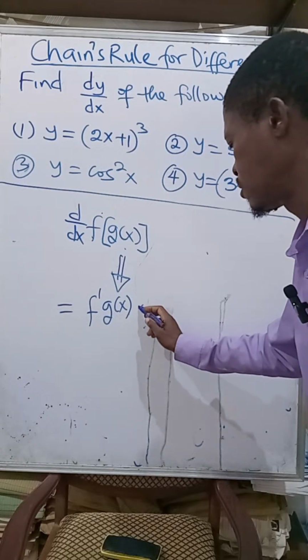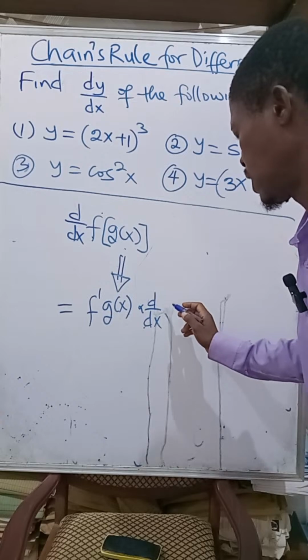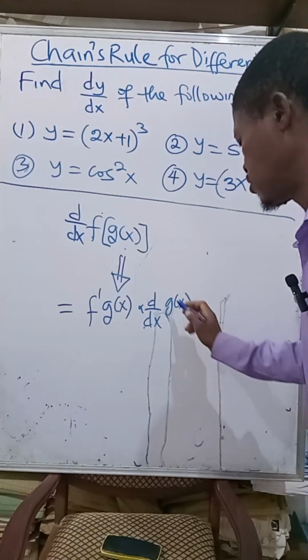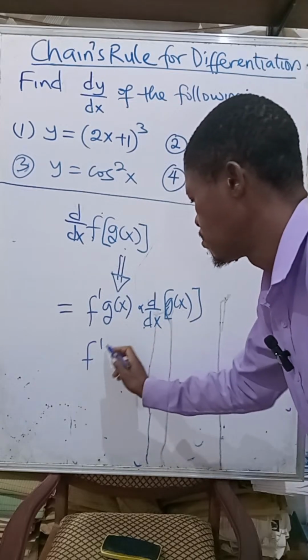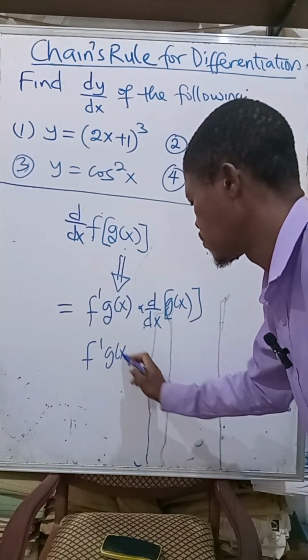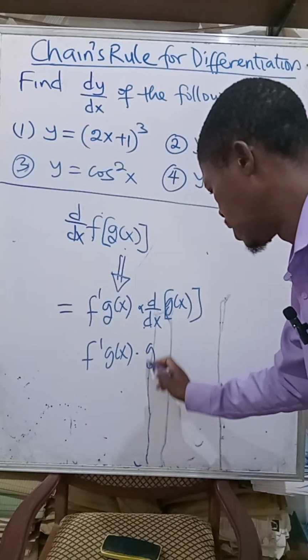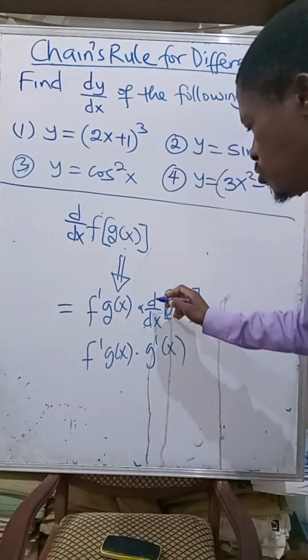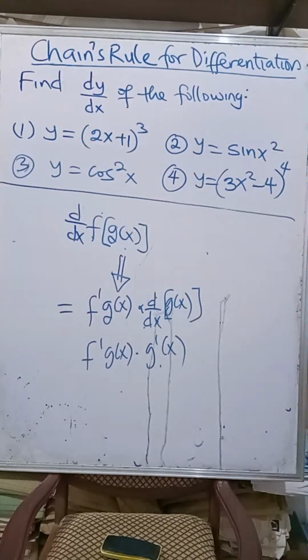Then times the derivative d/dx of g of x, which we can write as f prime of g of x times g prime of x. If you don't want to use d/dx, you can use g prime of x. So a typical example, I'm going to look for that, and then we are going to apply that.